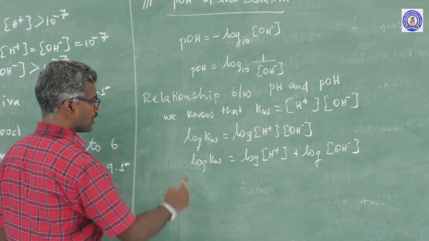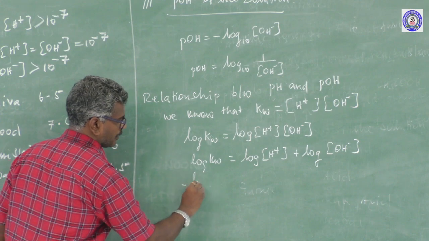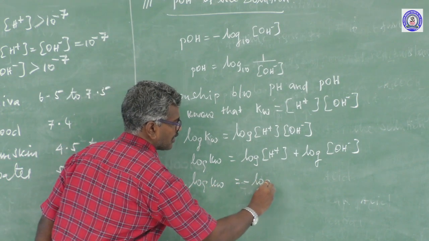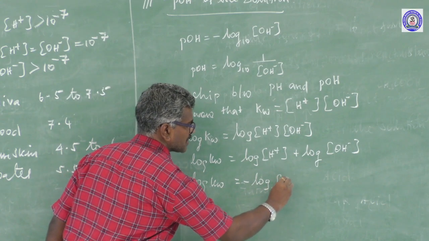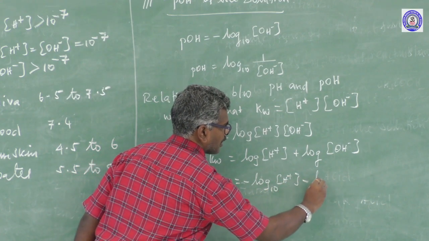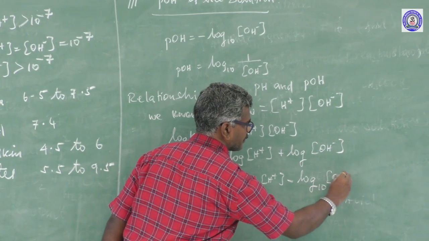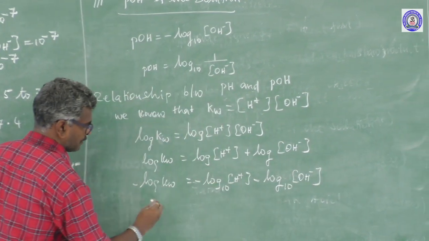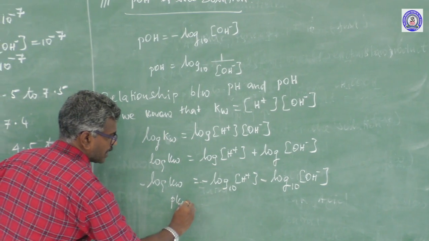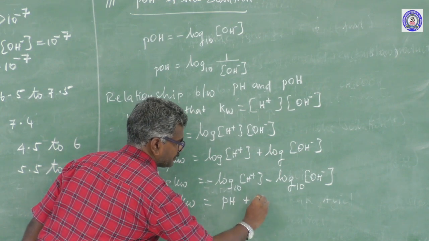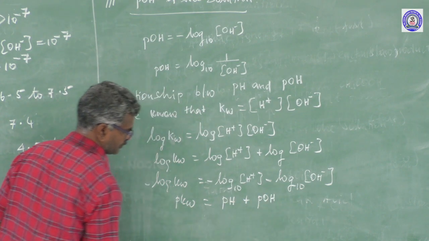Take the negative sign on both sides: minus log Kw equals minus log of the concentration of H plus, minus log of the concentration of OH minus. This term is pKw, this term is pH, this term is pOH.